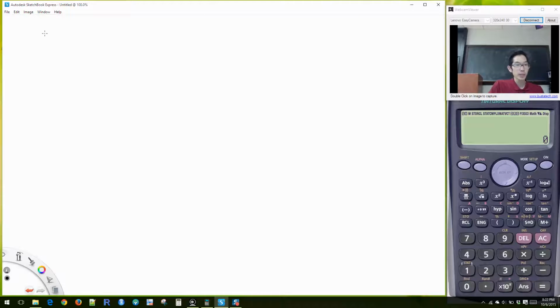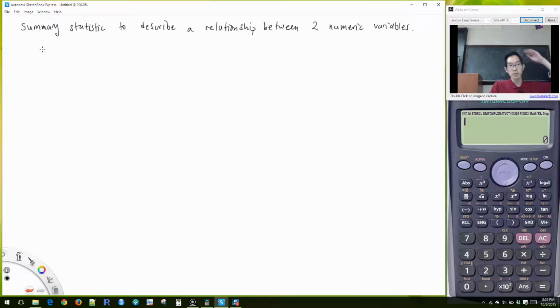Okay, so we have a summary statistic to describe the relationship between two numeric variables. And this summary statistic is called the correlation coefficient.